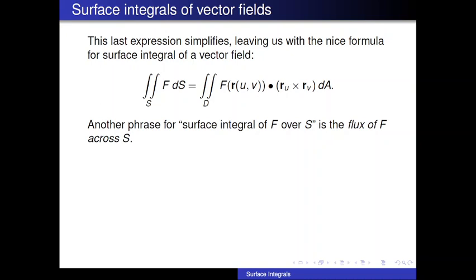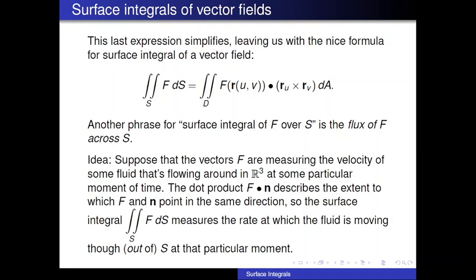And if you are a student of, say, physics or maybe EE, then this may be no news to you. If you are not, then let's say a little bit more about what that is supposed to mean. So suppose that these vectors F are measuring the velocity of some fluid that's flowing around in space at some particular moment of time, a snapshot of time, and at that snapshot, all of these vectors represent velocity vectors of this fluid at every point of space.